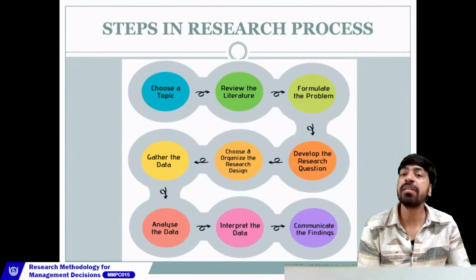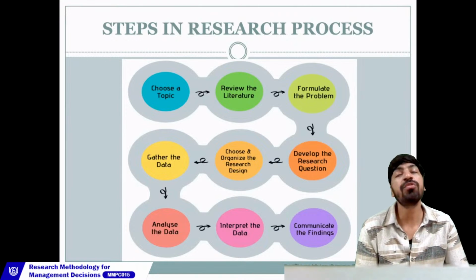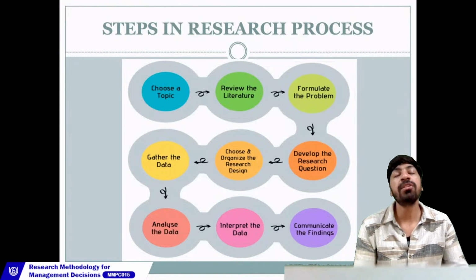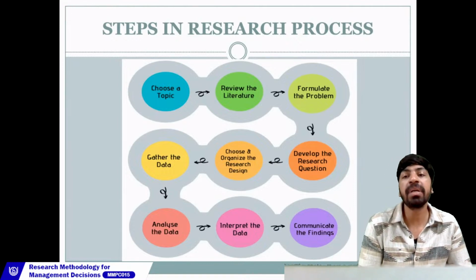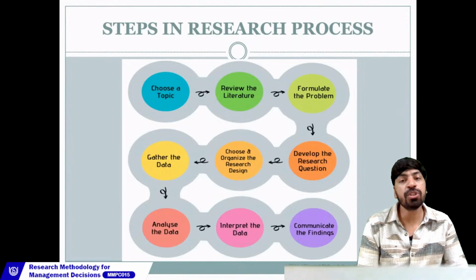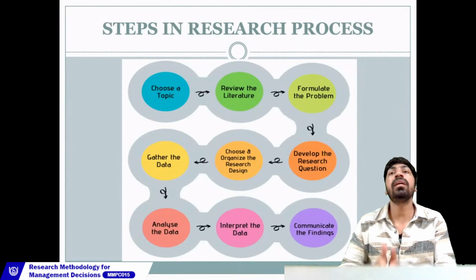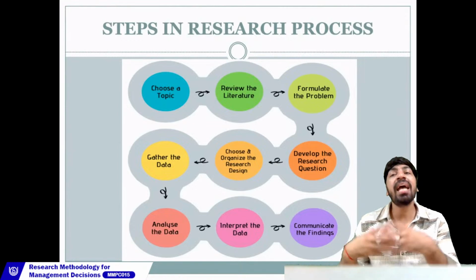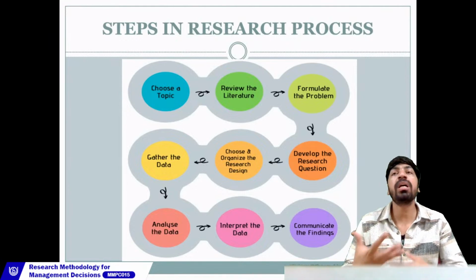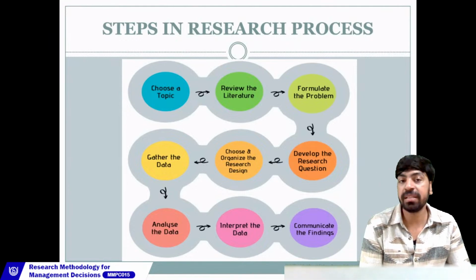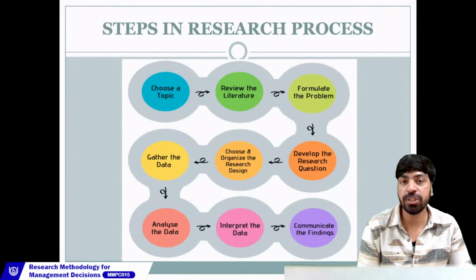When we talk about the research process, all researchers aim to formulate the issues so that accordingly they can prepare the objectives and questions to minimize their time, effort, and money, to conclude a meaningful evidence. That's called the research process.